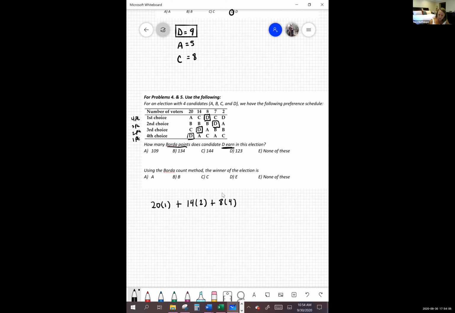There were 7 people, so plus 7 times how many points second place is worth, which is 3. And then the last column, D was first choice, but there were only 2 people. So 2 times 4, since first place is worth 4 points.